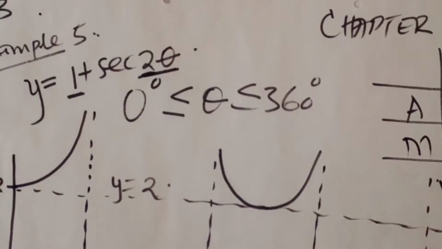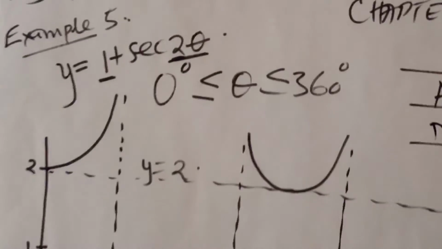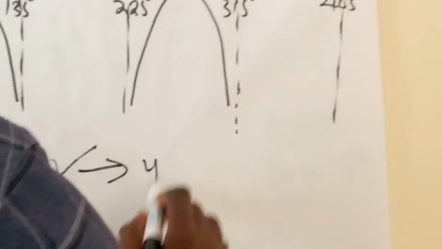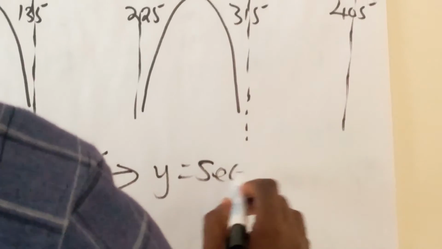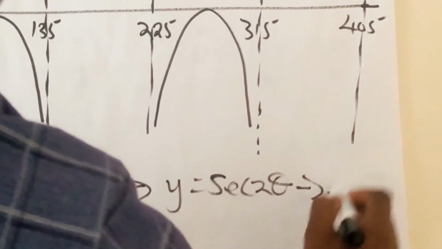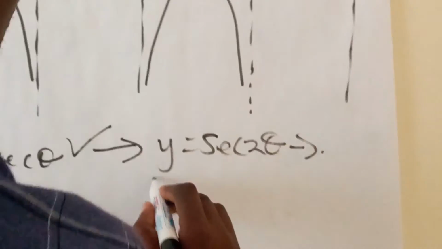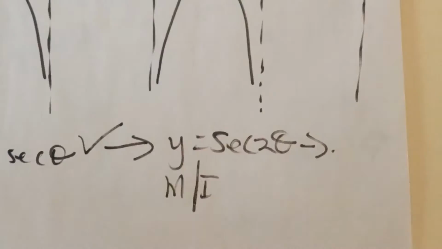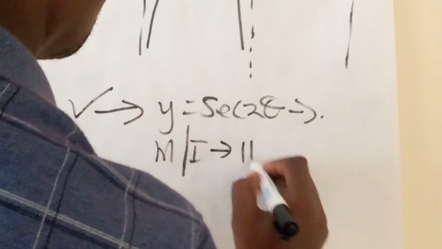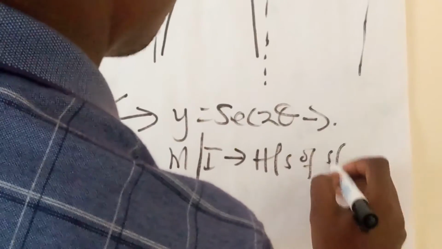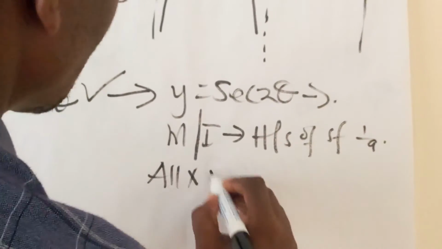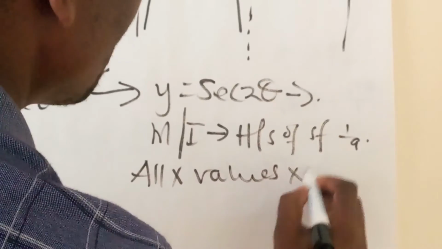Just remember, we had in mind the graph of y equals sec theta, which we transformed into y equals sec 2 theta. This is multiplication inside, and multiplication inside means a horizontal stretch of scale factor 1 over a, which required us to say all x values times a half.